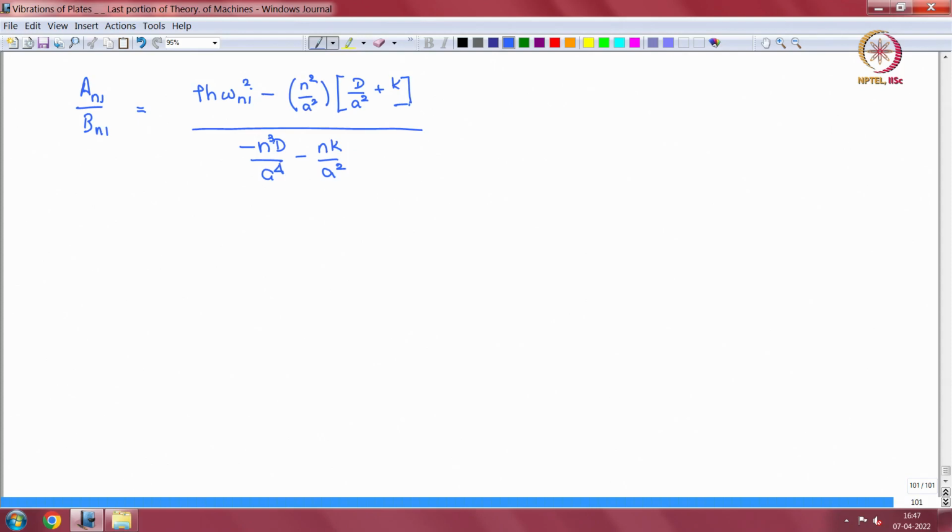Okay, now what we have here is, if I separate out in the denominator n square n by a square, then I get n square d by a square plus a k.